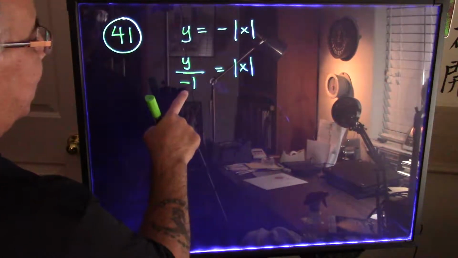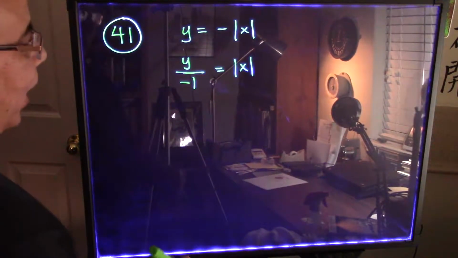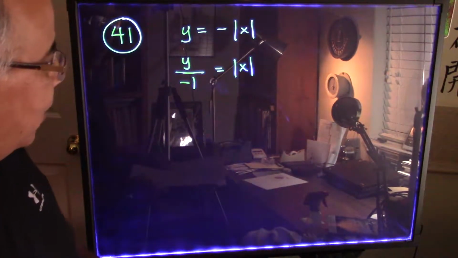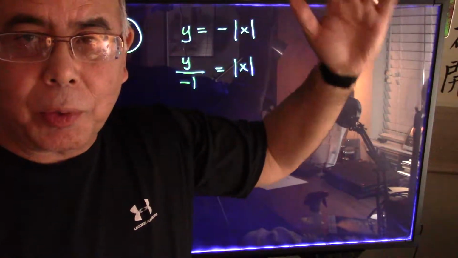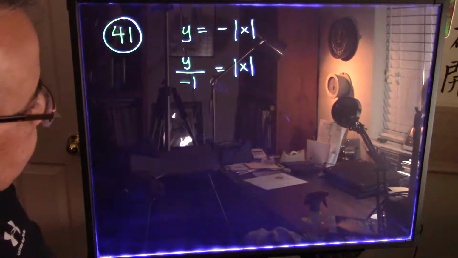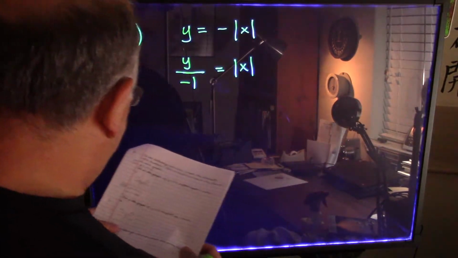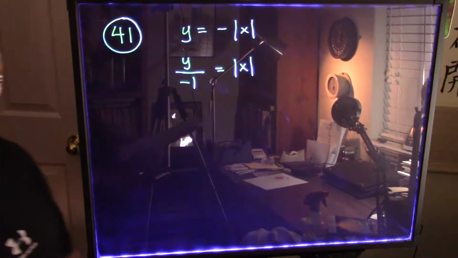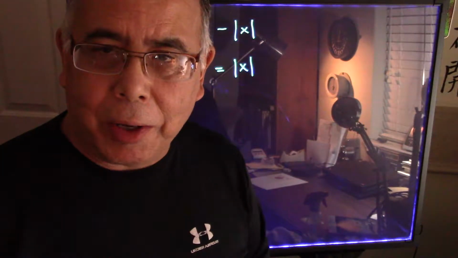So think of this, negative 1 under the y tells you that there's a reflection going in the same direction as the y-axis. Alright? So it's a reflection across the x-axis. So you draw your absolute value function upside down, as it were.